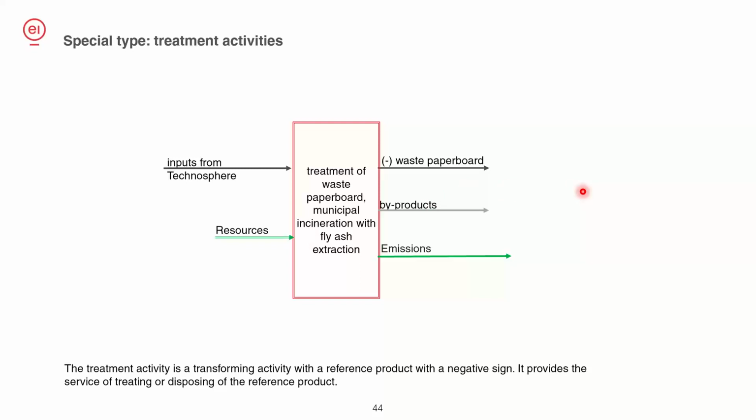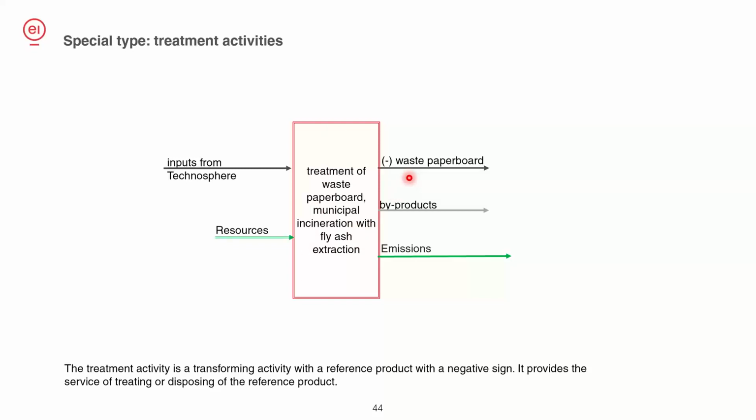And finally, the last topic that I want to cover in this webinar is related to treatment activities. We saw before about transforming and market activities, and I mentioned that for the case of waste, for the case of treatment, we have a special type. A treatment activity is a transforming activity with a reference product with a negative sign.